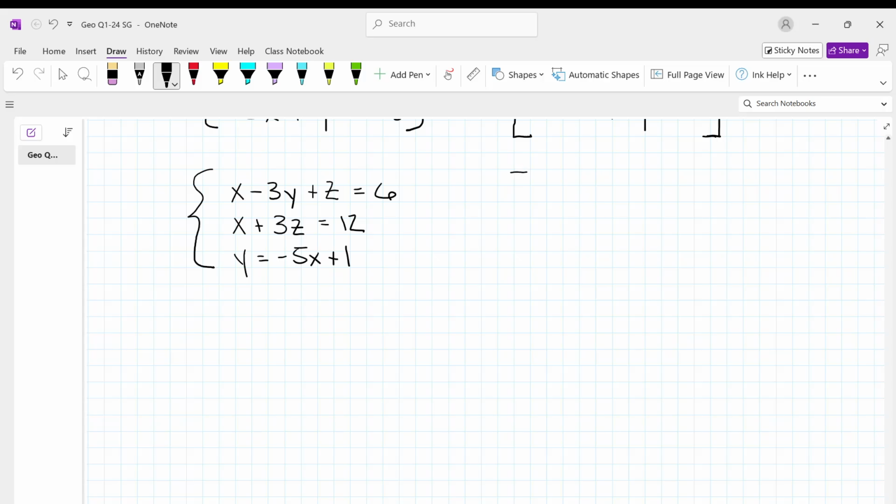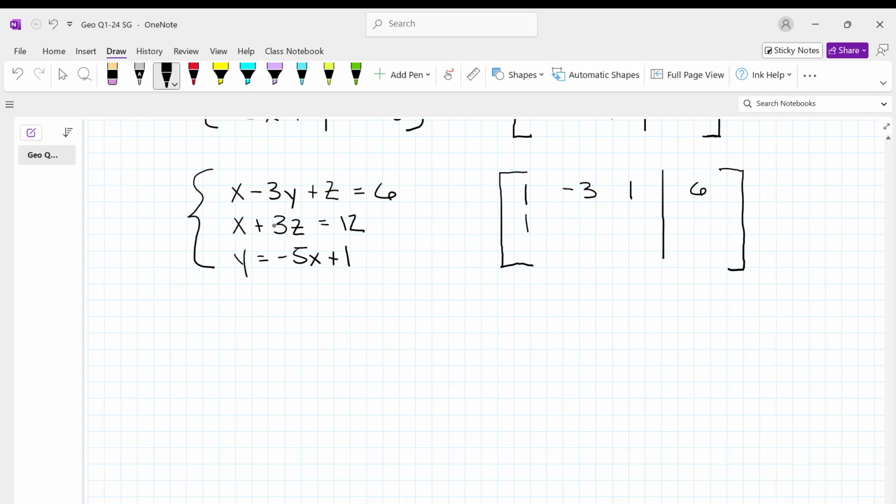So when we write this as a matrix, this first row is pretty simple: 1, negative 3, 1, the vertical line, and then 6. In the second equation, the coefficient in front of the x is a 1.